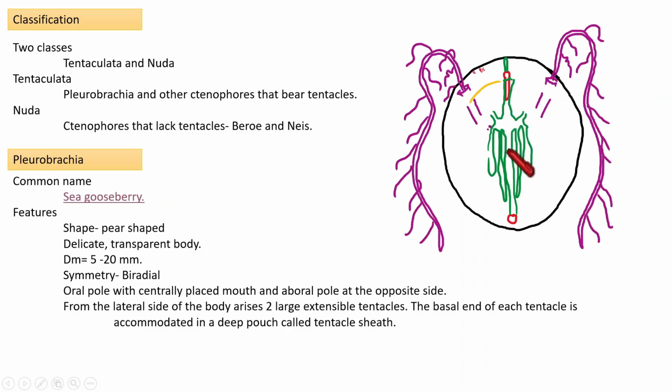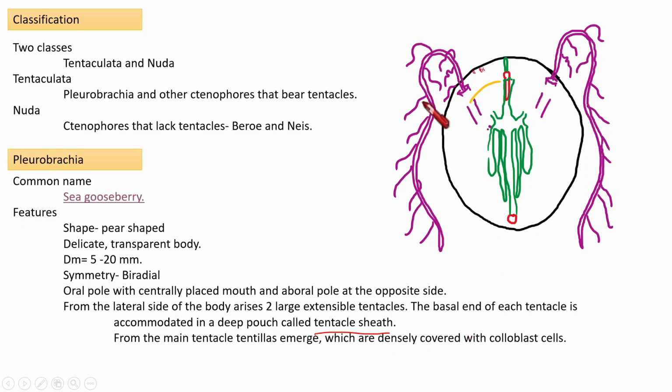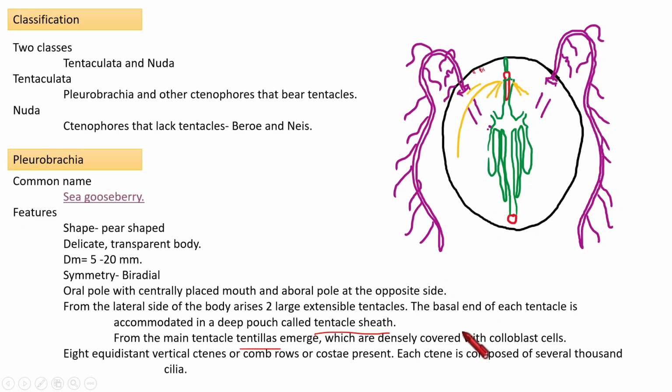Also from the lateral side, two long extensible tentacles are present, and the base of each tentacle is accommodated in a deep pouch. What is its name? Tentacle sheath. Here we can see. And from the main tentacle, we can see so many tentillas emerge.